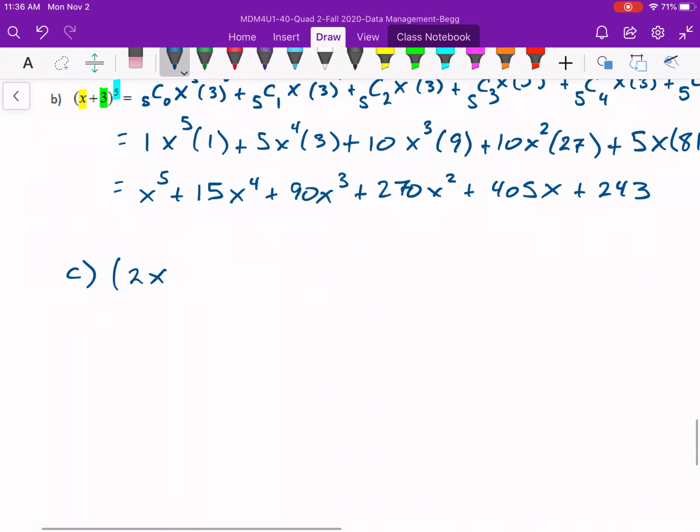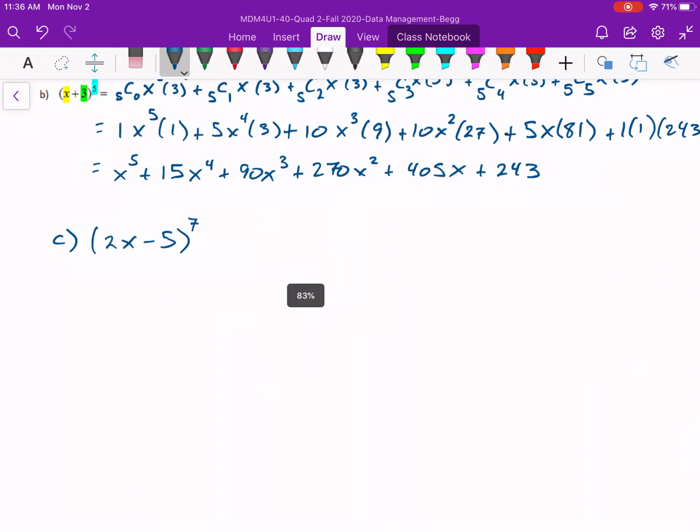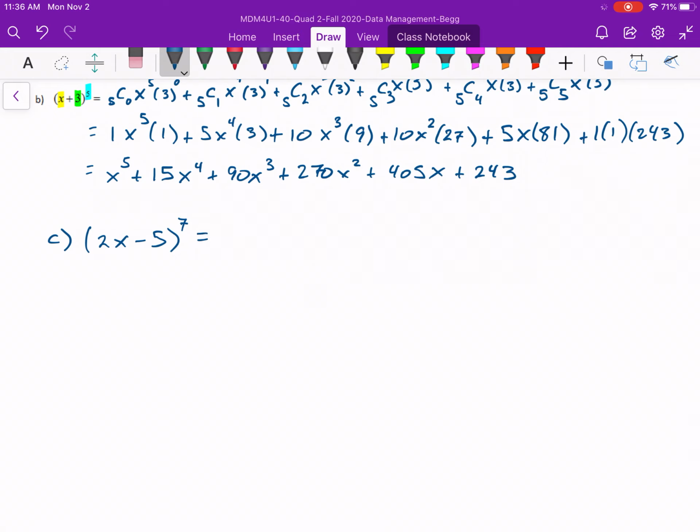2x minus 5 to the 7. And now that's a big one. It's going to be 8 terms, but let's just even think about what the first few terms would look like. So I'd have 7 choose 0. In this case, a is 2x, and I'd raise that to the exponent 7, and I'd have negative 5 to the 0.